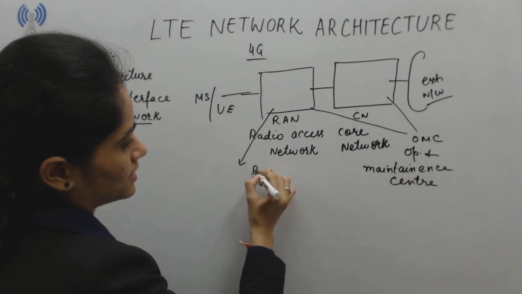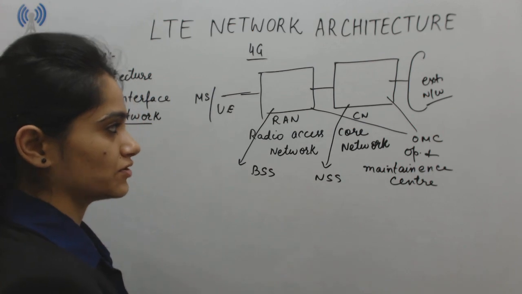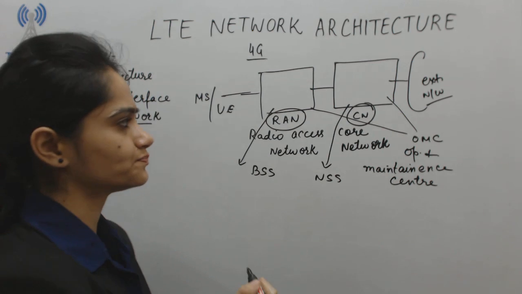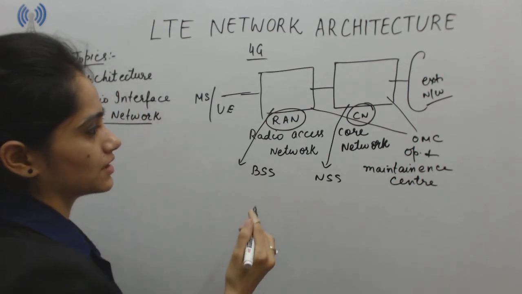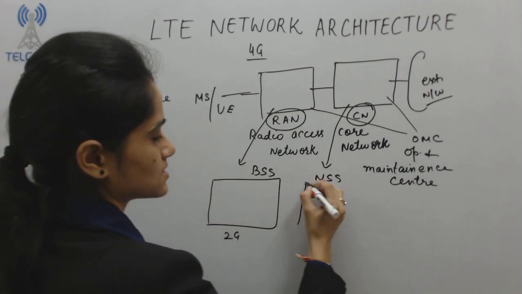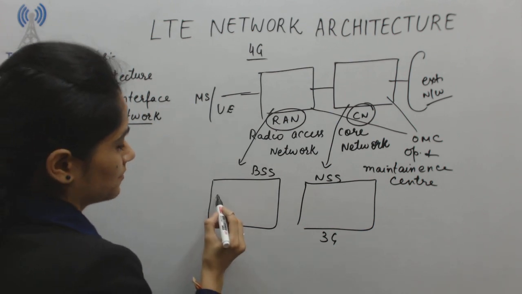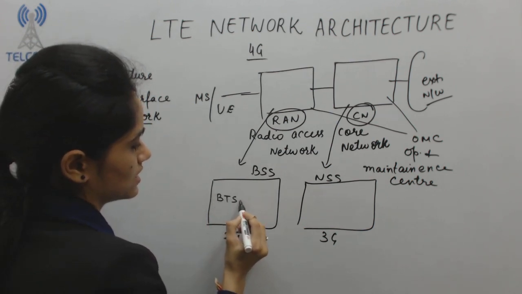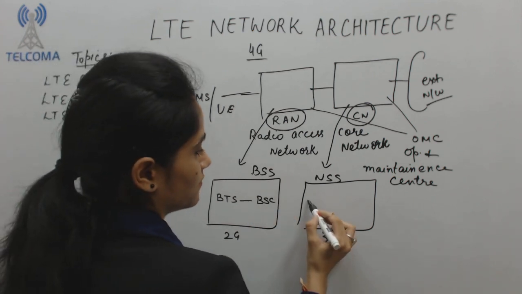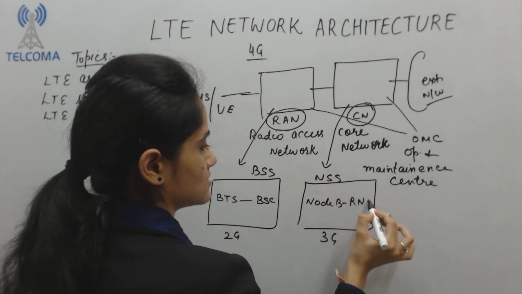For 2G, the RAN part is BSS and the core part is NSS. From 3G onwards, we named them RAN, radio access network, and core network. So in the radio access network of 2G, we have BTS and BSC, and in the RAN part of 3G, we have Node B and RNC.